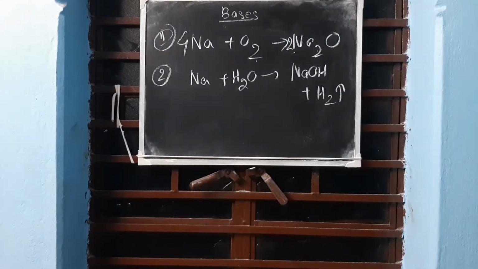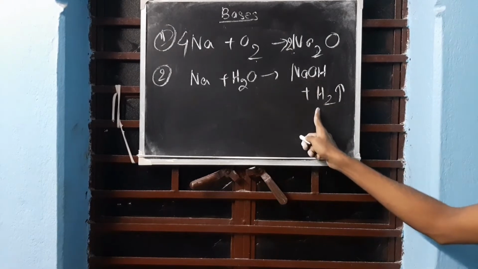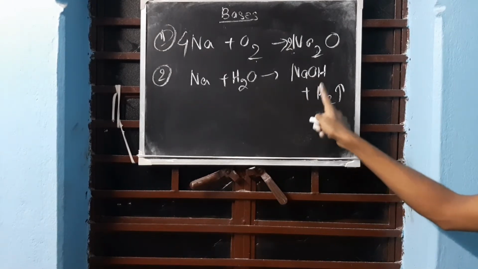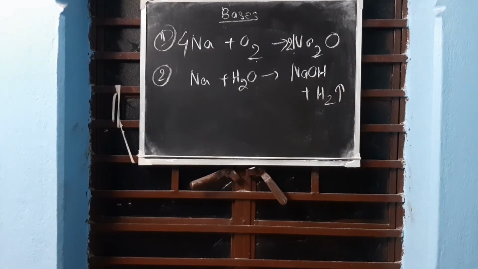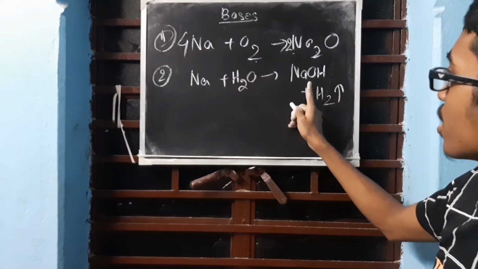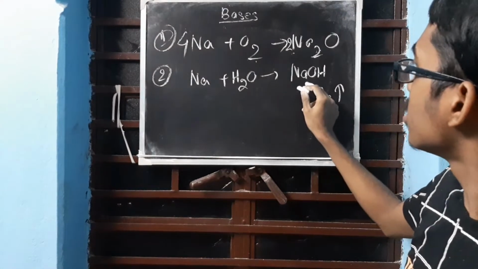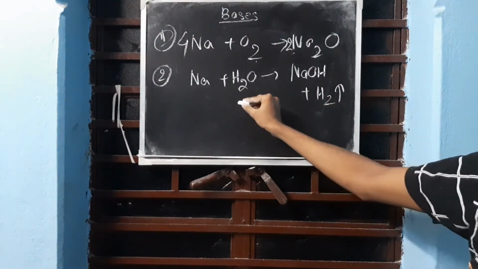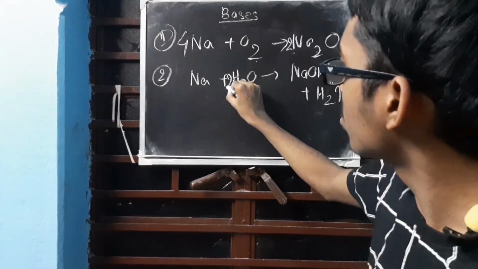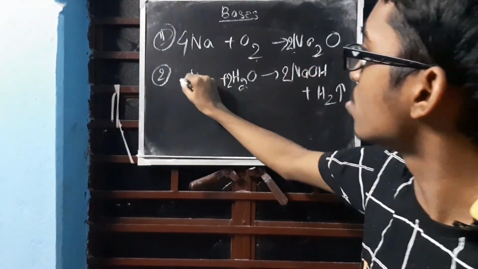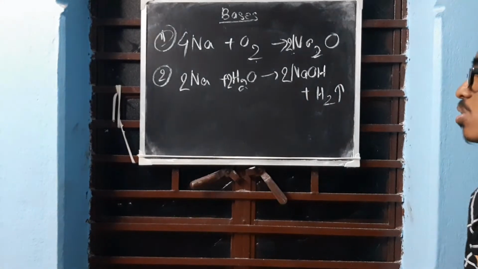So NaOH is formed, which releases hydrogen gas. How to balance this reaction? Check, 2 hydrogen, 4 hydrogen can be made. So we can place a 2 over here, and this means 2 as well, right? So 2Na plus 2H2O gives 2NaOH plus H2.